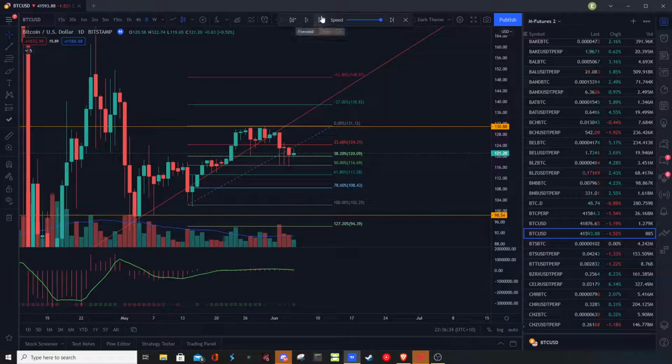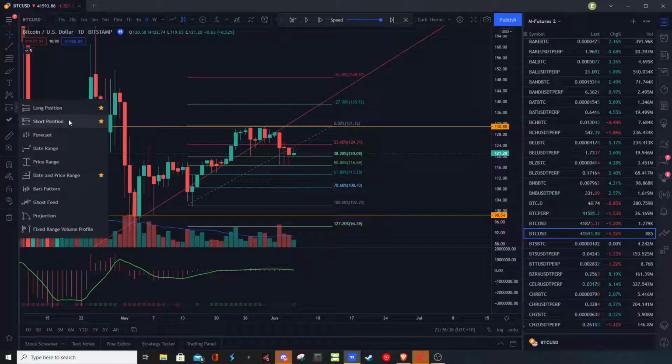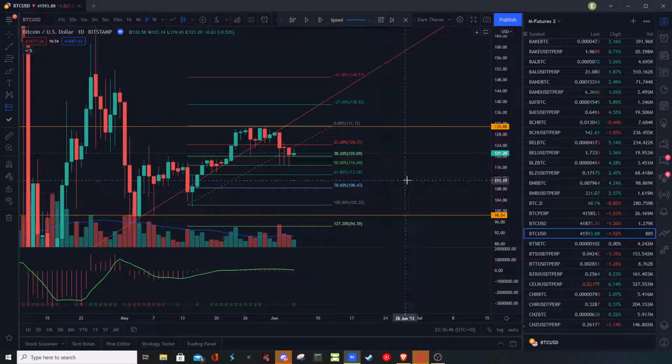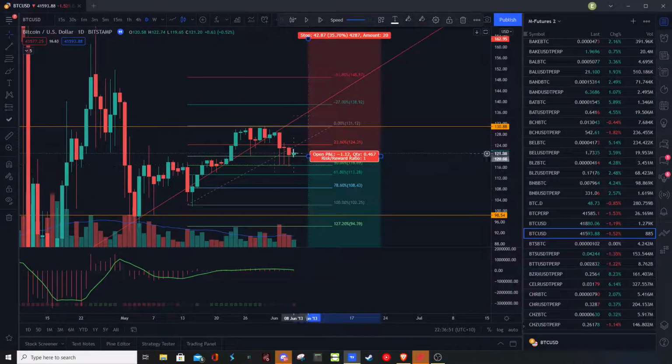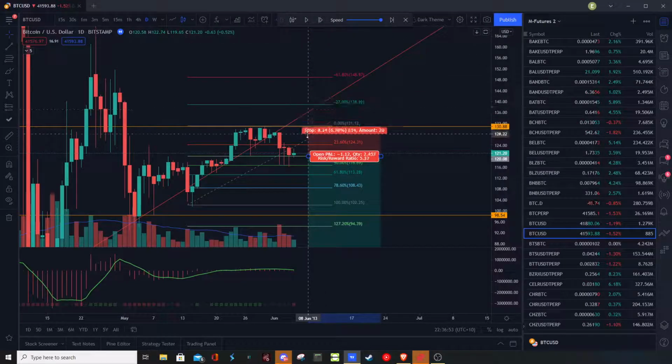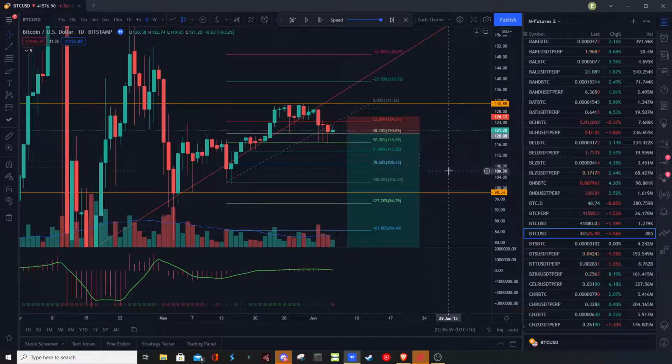Sort of low volume there. So we're testing that 5%. 5% stop loss.